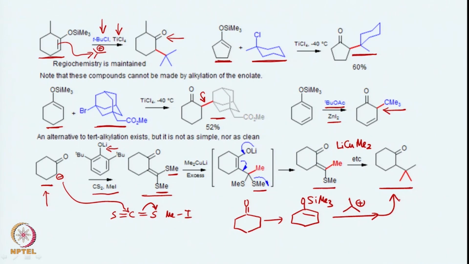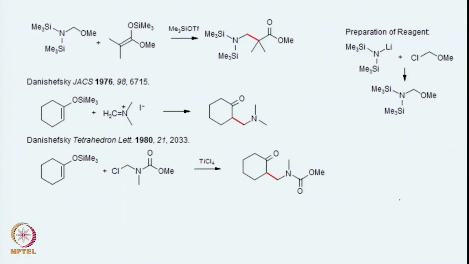So, this is the advantage of enol silyl ether based chemistry, and it has also been seen that the enol molecules which are generated from the ester can react with these type of molecules in the presence of trimethylsilyl triflate as a Lewis acid, and in the presence of Lewis acid, we can expect to form something like this as an intermediate where now you have a cation that is stabilized by the nitrogen.